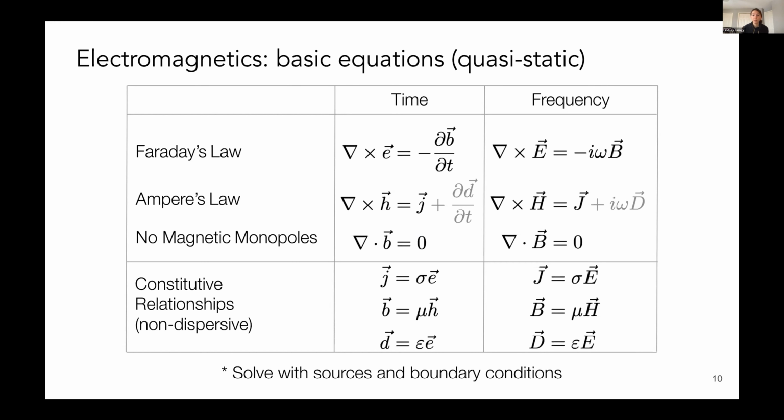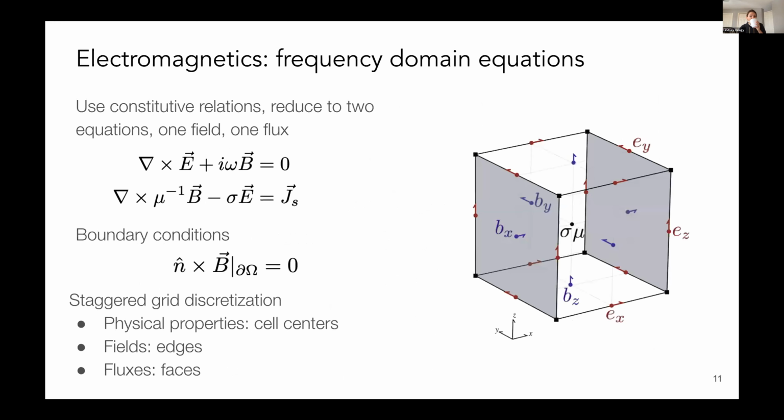As is common in many EM geophysical experiments, we're going to assume the quasi-static approximation of Maxwell's equations, so we'll ignore displacement current. So let's focus in on the frequency domain equations.